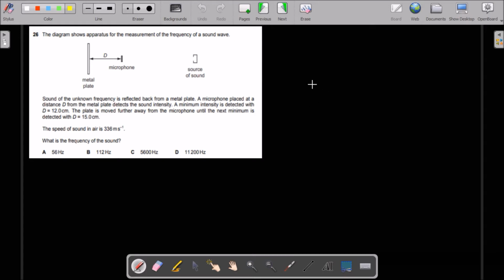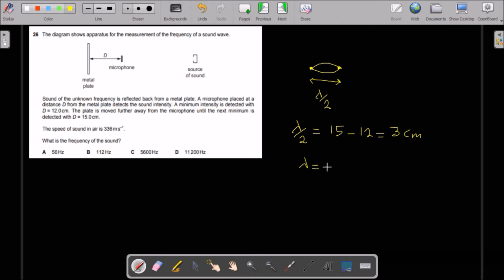So we can say that from first minimum to second minimum, there will be one antinode. And as I said in previous questions, the distance between a node and the next node will be half a wavelength. That's why half a wavelength equals 15 minus 12, which is 3 centimeter.